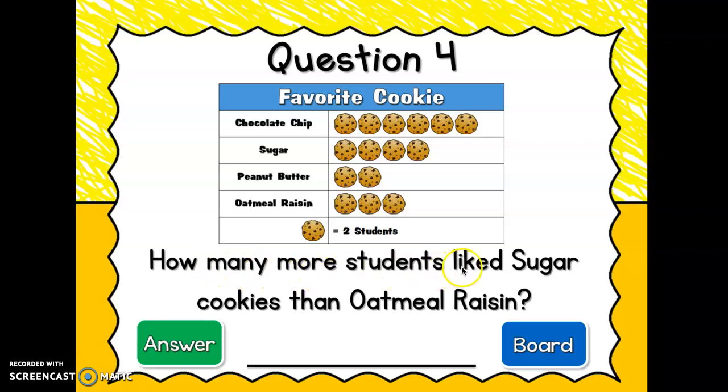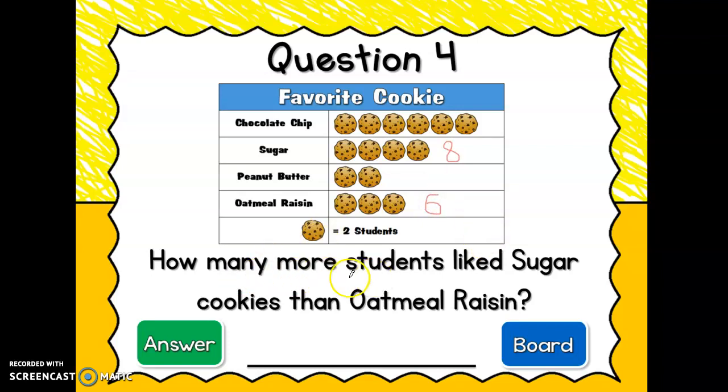How many more students liked sugar cookies than oatmeal raisin? So here's sugar cookies, and let's solve this together. So I have 2, 4, 6, 8 sugar cookies and 2, 4, 6 oatmeal raisin cookies.